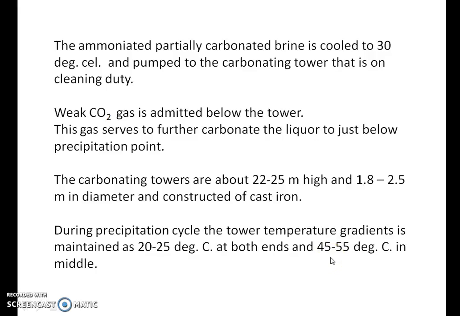The reason is that the main reaction occurs at this temperature, 45 to 55, to make ammonium bicarbonate. Second, we want to solidify it so that it can be recovered from the remaining liquid stream. That's why two ends are operated at low temperature, which precipitates ammonium bicarbonate.